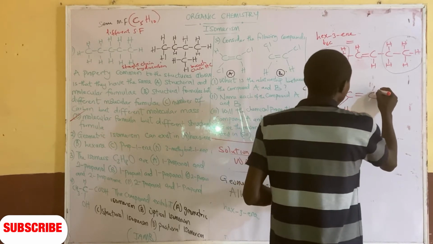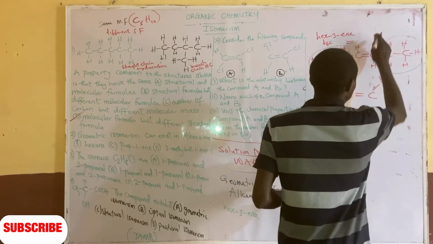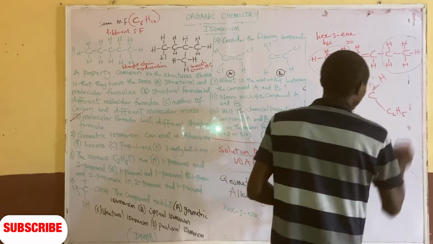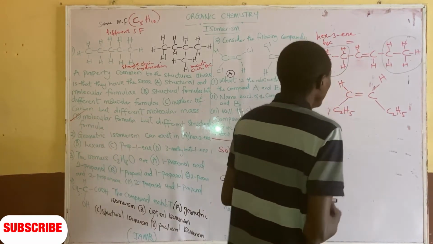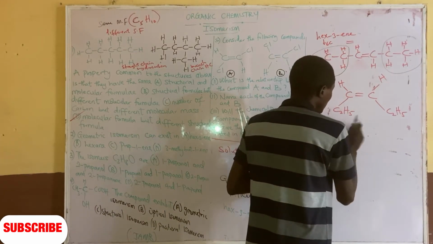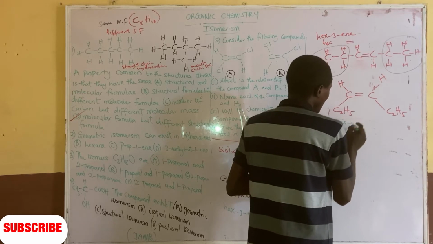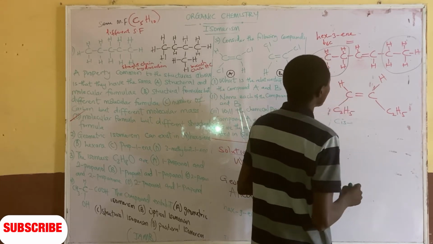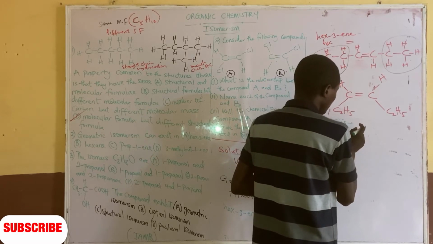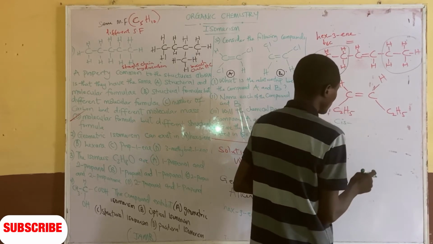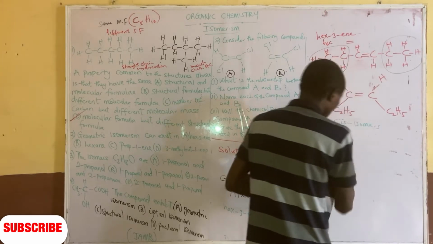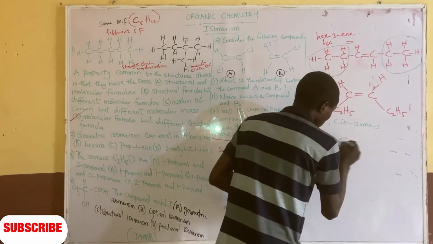Now this one, you can also write this H up. Now this is C2H5. Now you can see this is typically an example of a cis isomer. This is cis isomer, and it can also be written in the trans form.